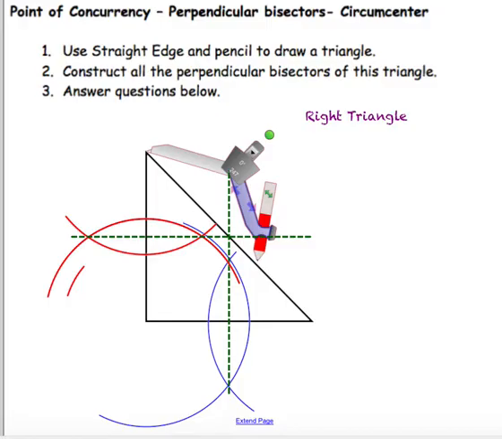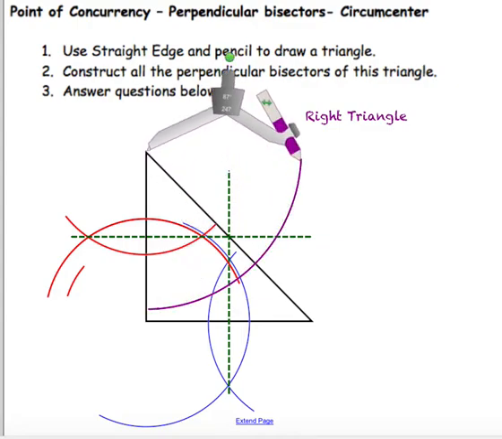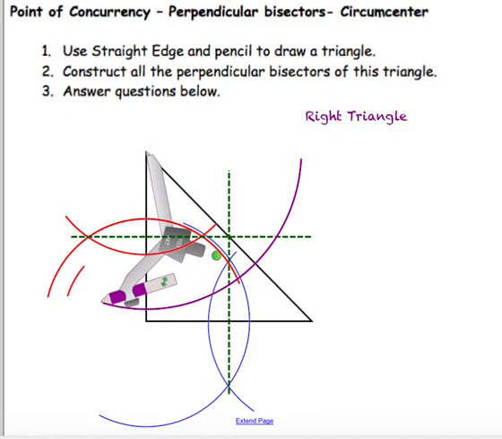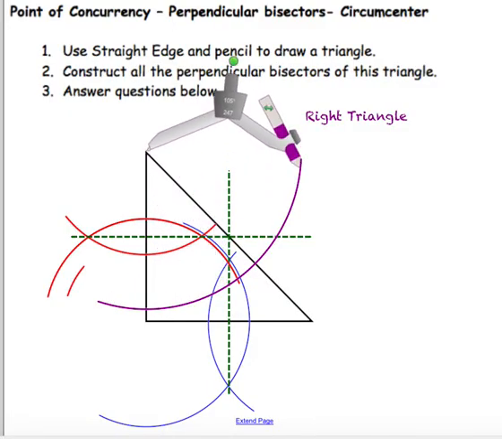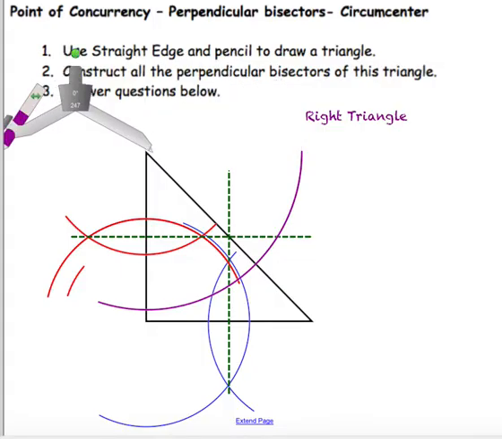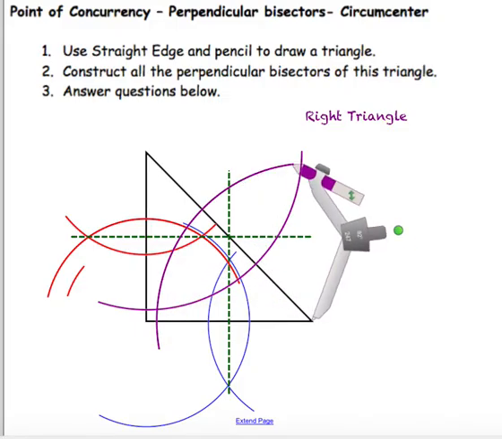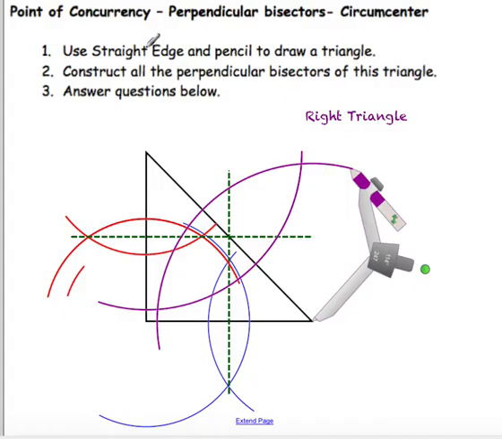It's got to be more than half the distance of that side, and making the arc for that one. And make sure it's large enough where you'll hit it from the other side. Flipping this around and bring it to the other end of that side. And then drawing that arc and then connecting the two dots where they intersected.